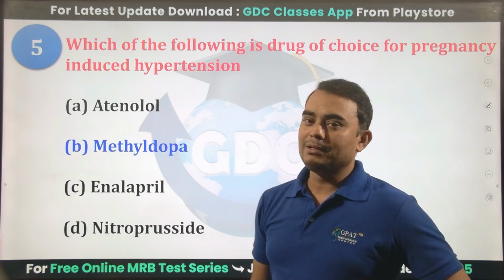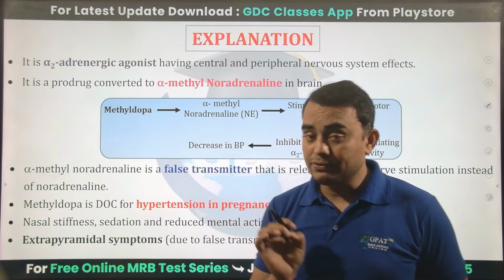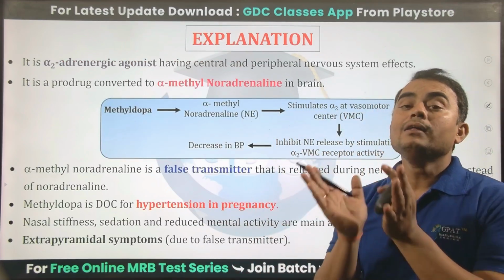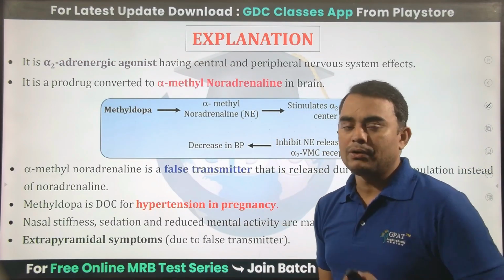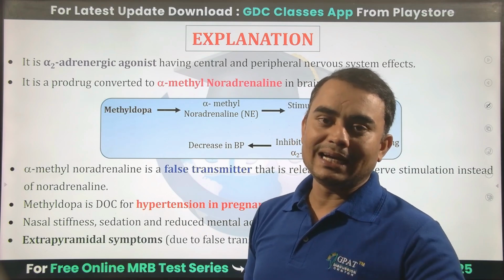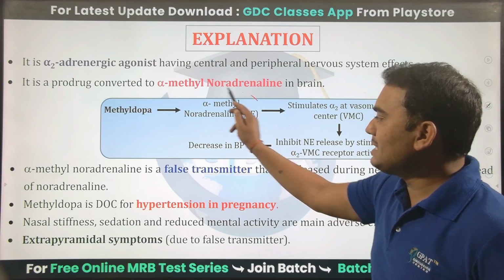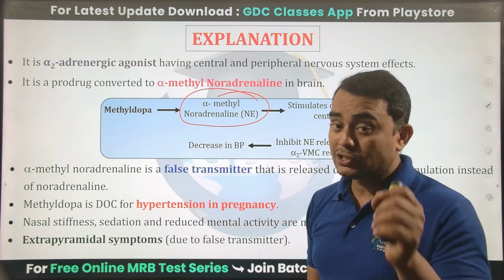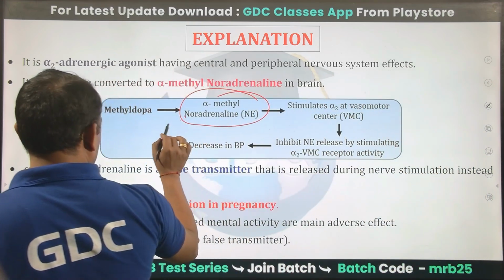So the correct answer will be methyldopa, which is the drug of choice during the treatment of hypertensive pregnancy. And remember one thing also: methyldopa is activated in the form of alpha methyl norepinephrine, and this alpha methyl norepinephrine is also known as the false neurotransmitter.